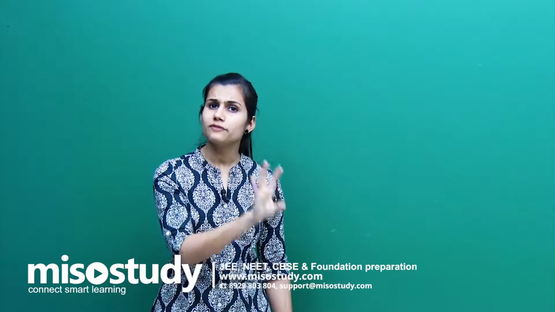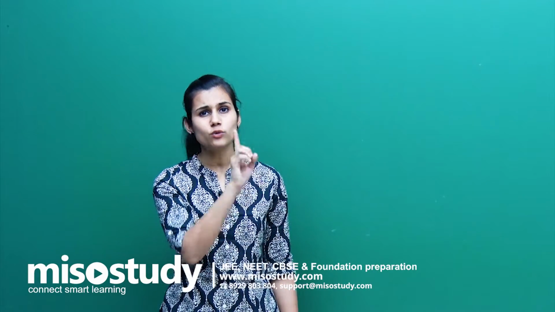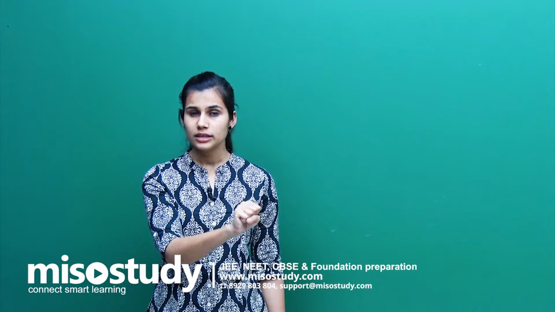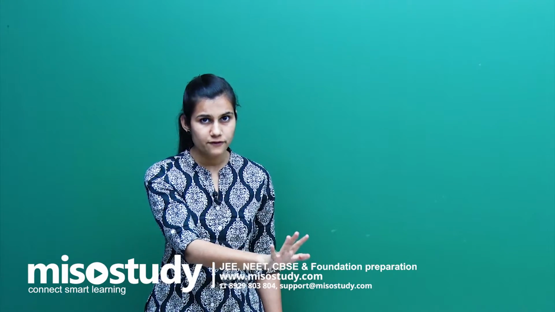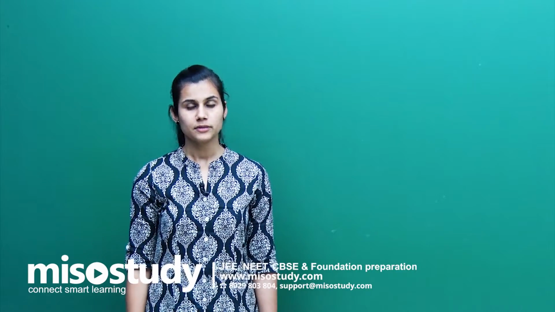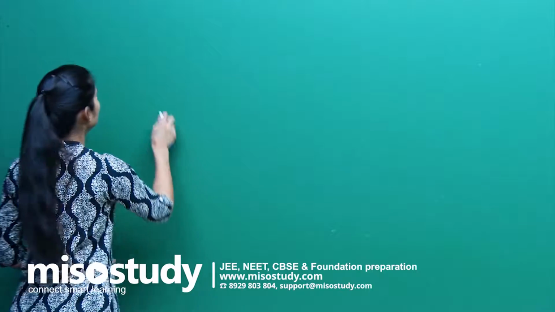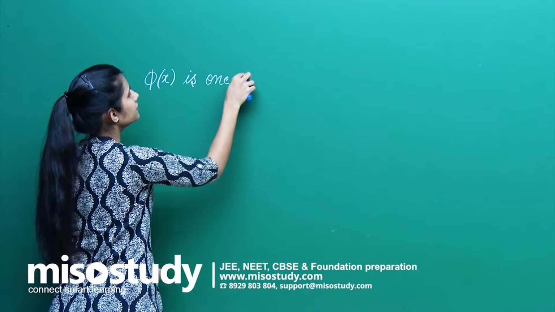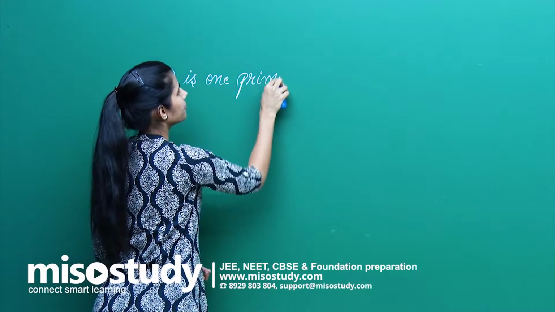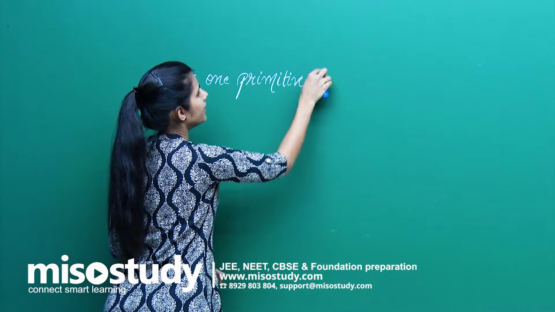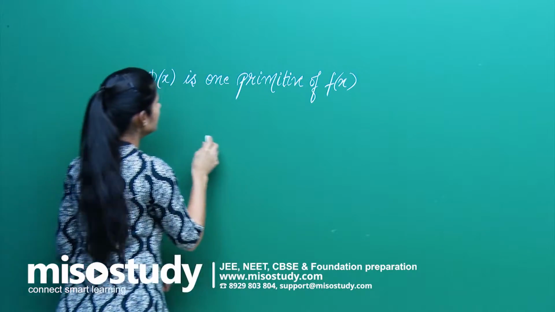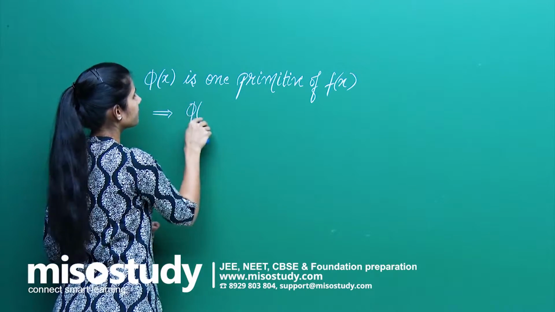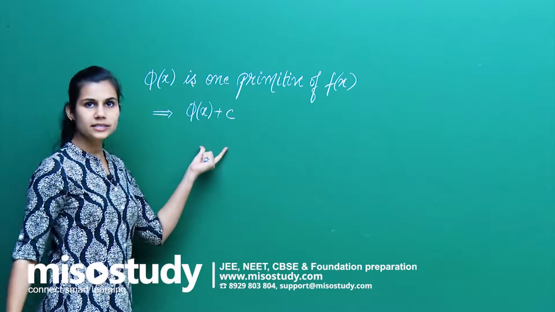The moment you find that function of x, that is phi x, which is one primitive of f, rest every other primitive of f will be that function plus c, right? This implies all the other primitives are just phi x plus c.